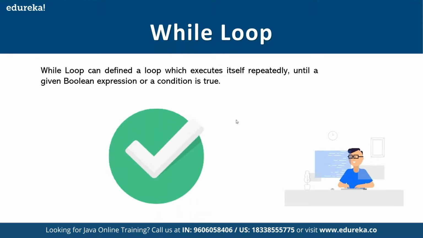Just to give you a perspective, what is the difference between a while loop and a for loop? I'll give you a common example that I would give in every class. When we talk about a for loop, it is going to run a specific number of times.